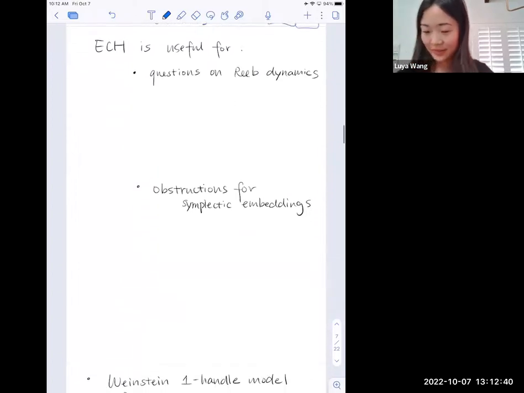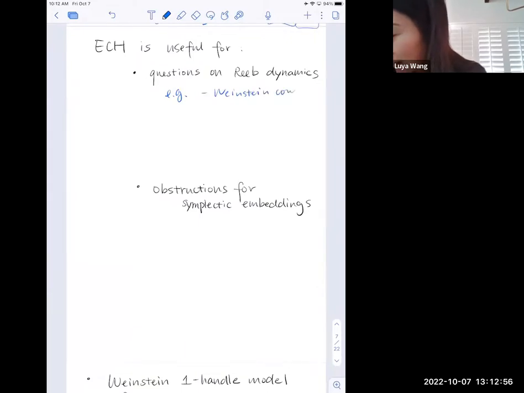Okay, and just a few notes on why ECH is useful. It's good at answering questions in Reeb dynamics. You have the Weinstein conjecture, proved by Taubes, which tells you the existence of Reeb orbits.